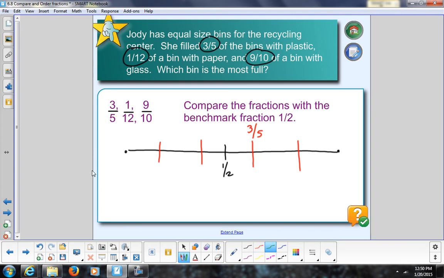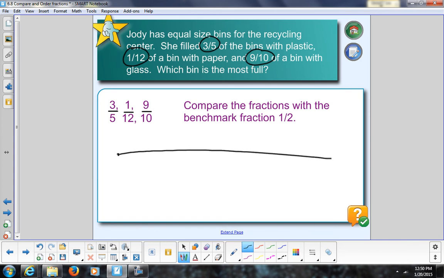And 1/12. Let's break this into twelfths as best as we can. 1, 2, 3, 4, 5. Nope, that ain't gonna work. This is 3/5. 12ths. 1, 2, 3, 4.